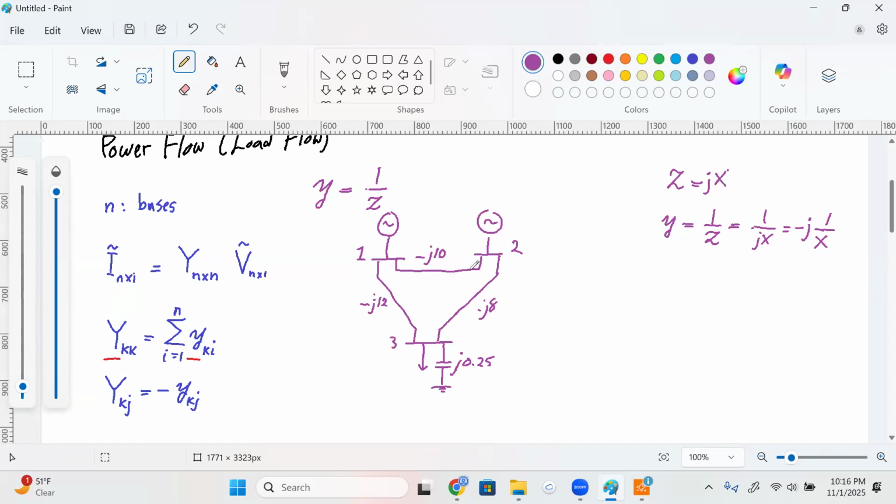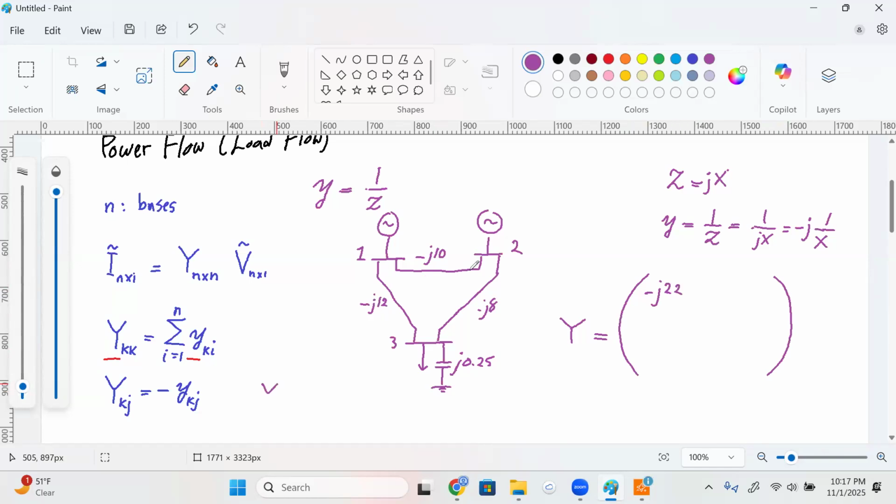All right, let's try to find the admittance matrix. So this is a three-bus system, hence the admittance matrix is going to be 3 by 3. Let's check our definition. I'm going to start with Y11, so the entry in row 1 and column 1. That would be the sum of all the admittances connected to bus 1, which would be a negative J10 and a negative J12, hence negative J22.